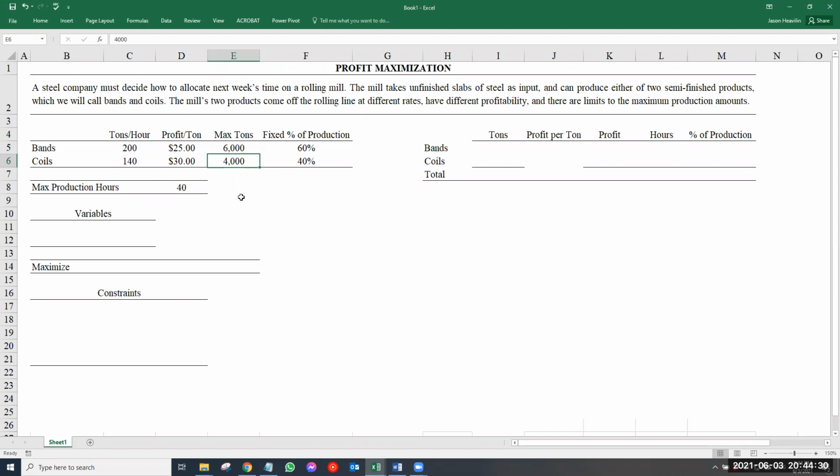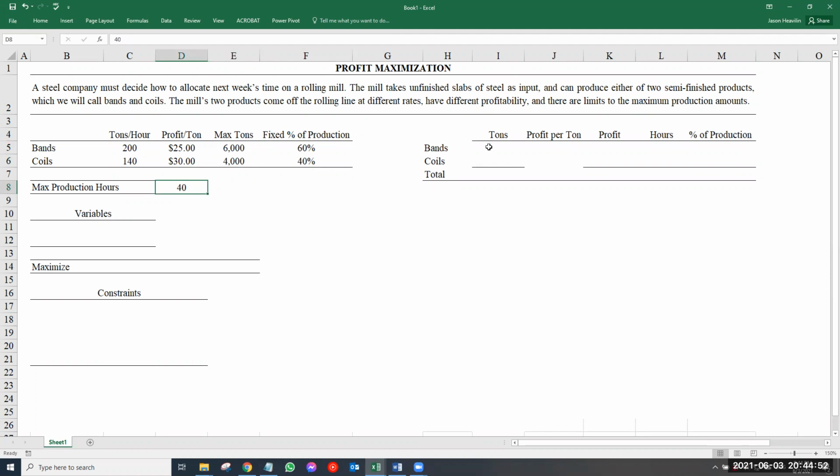So they have that limitation. Another limitation is that they have to keep that percentage relationship, 60% on bands and 40% in coils. The maximum production hours they have for the week is 40 hours.